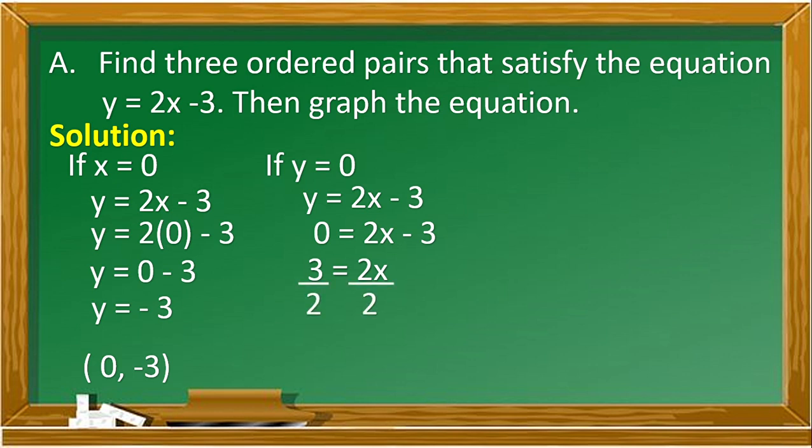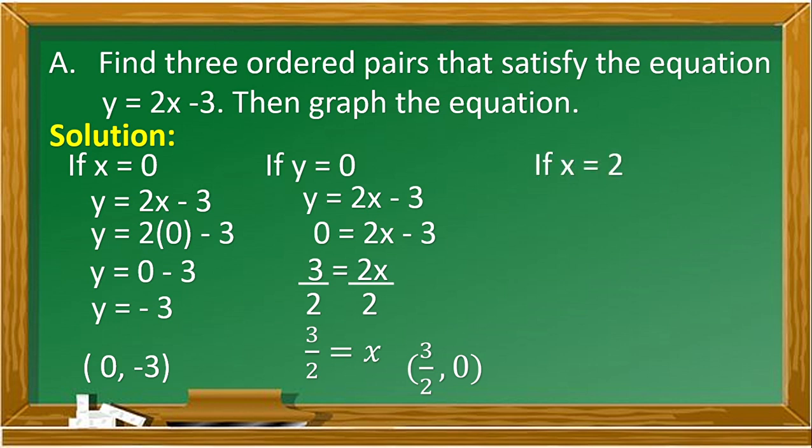So 2x divided by 2 is 1x or x. And since we cannot divide 3 by 2, therefore, the value of our x is a fraction, and that is 3 halves. And the ordered pair for this is 3 halves, which is the value of x, and 0, which is the value of our y.